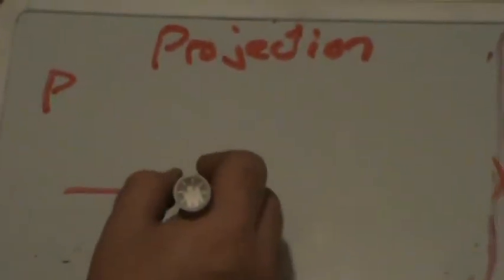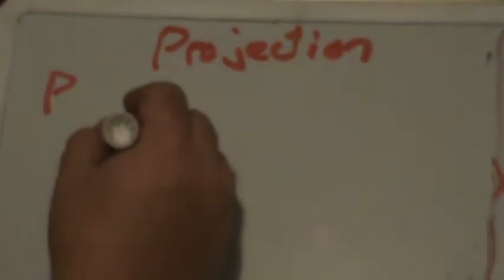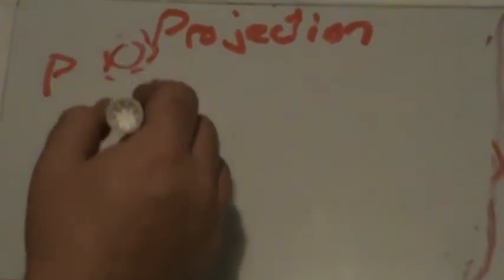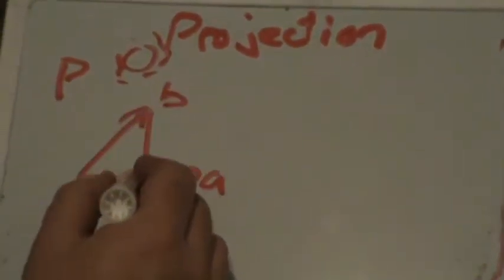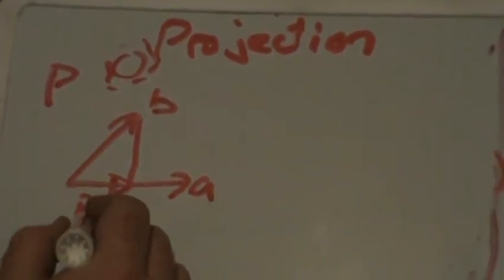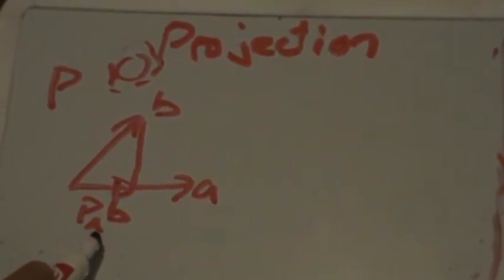Let's say I've got some vector A and I've got some vector B. What we want with the projector is the idea of a sun directly overhead that casts a shadow, and that shadow we want to be the projection of B onto A, which we write P sub A of B. P sub A means projection onto A of B, and we want to do this by some multiplication, so we want to make something that meets this requirement.